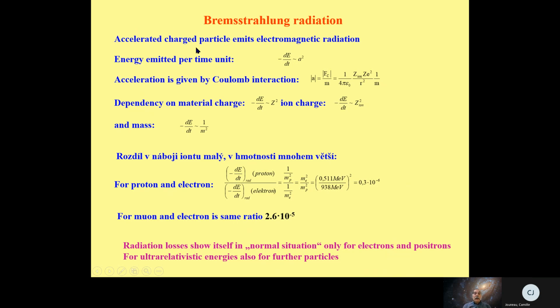The energy of Bremsstrahlung radiation has a square dependency on the acceleration, and this acceleration is given by the Coulomb force divided by mass.